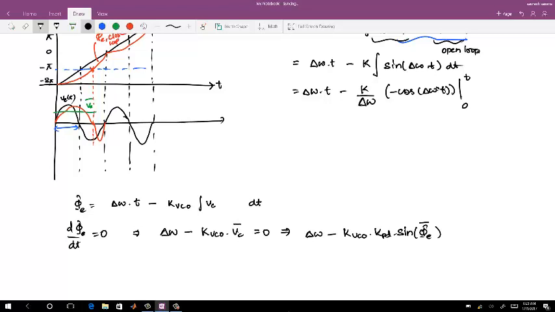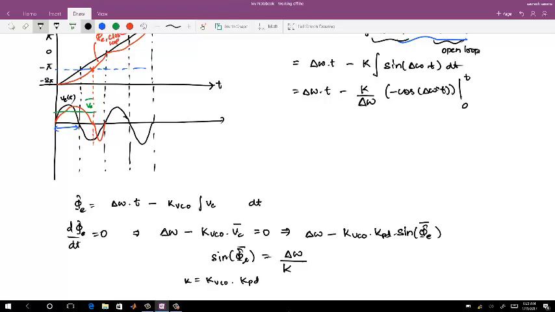That's coming as a nonlinear gain in the system. So we have that sine of phi e average is equal to delta omega by K, where K is equal to K_VCO times K_PD.